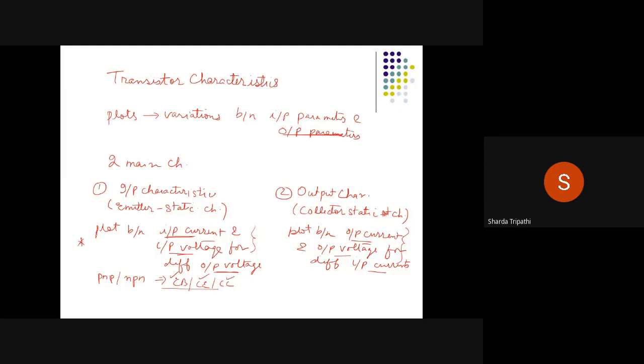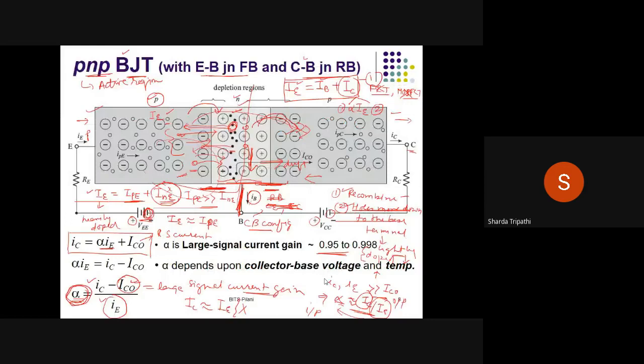So for example, in the last class, we took the example of a PNP transistor that was connected in a common base configuration. So if you get back to this circuit diagram and try to recall what we said. So we said that in this case, the input current is the emitter current. The output current is the collector current. And the input voltage in this case will be VEB.